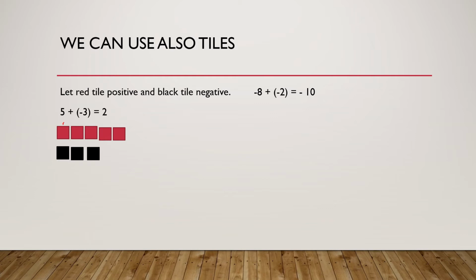If we take away the pairs, what remains is this. Okay? Next. So we have 3, 4, 5, 6, 7, 8. So we have 8 negative tiles plus another 2.